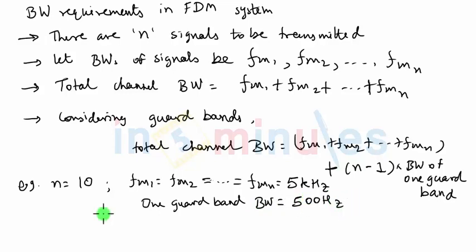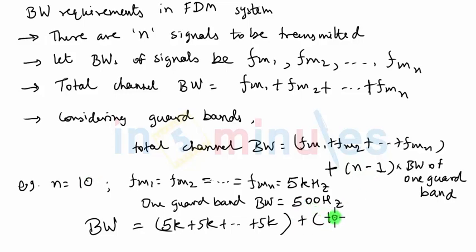Now the total channel bandwidth required will be, we have to add all the bandwidths first. 5k will be added 10 times, because there are 10 signals, and n minus 1 will be 10 minus 1, that means 9 times the guard band. The guard band will be 500 hertz.